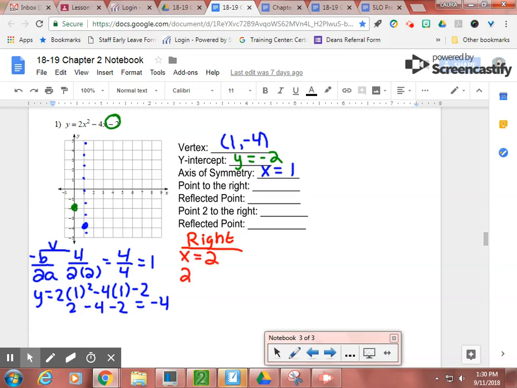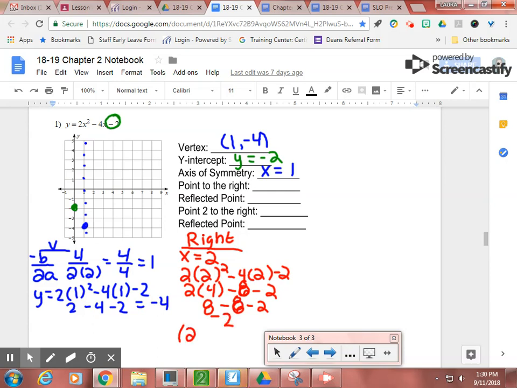So I'm going to plug that into the equation. 2 times 2 squared, minus 4 times 2, minus 2. So that's going to give me 2 times 4 minus 8 minus 2, so that's negative 2.